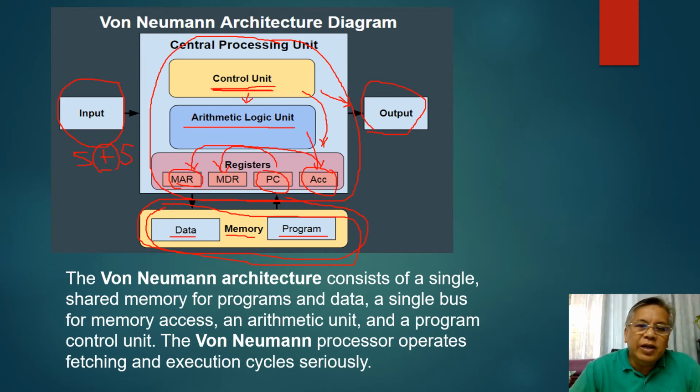Okay? That address coming from your program counter, as I've said, will be transmitted to your MAR. And then the MAR will give instruction or will transmit the data 0000, which is your address, into your memory.